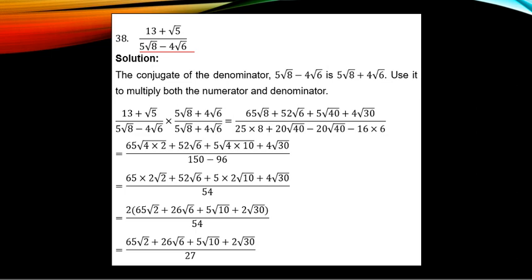To simplify this kind of problem in short form, you have to rationalize the denominator, and in doing that, you find its conjugate, and the conjugate is simply changed in signs. This is the denominator. Its conjugate is 5 root 8 plus 4 root 6.